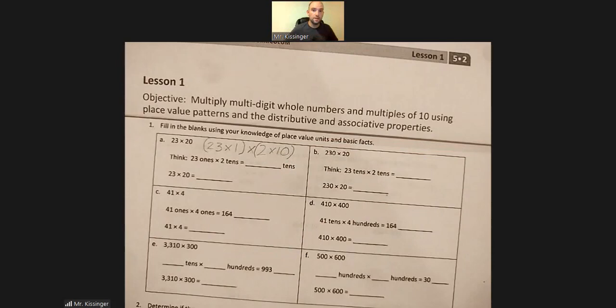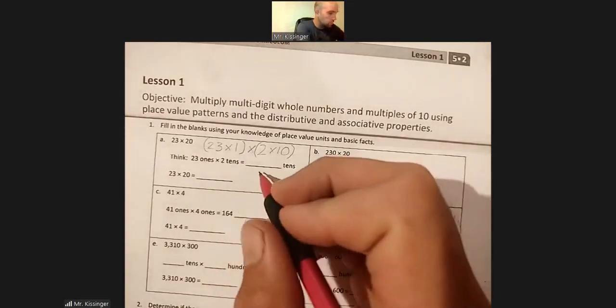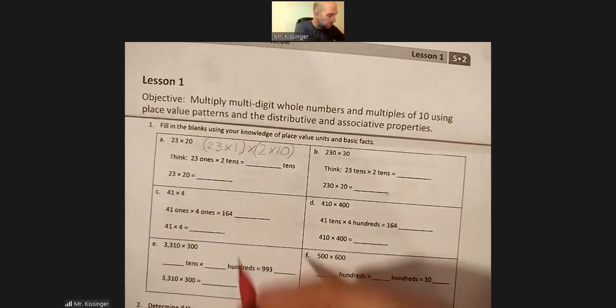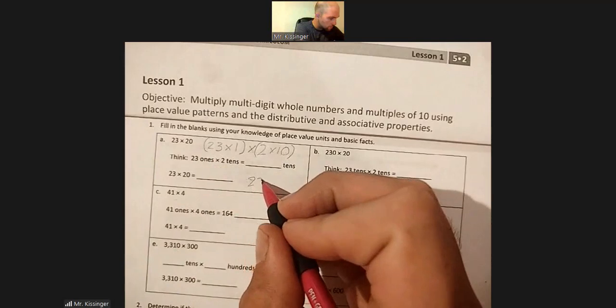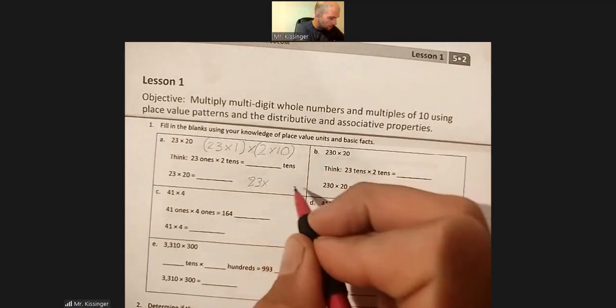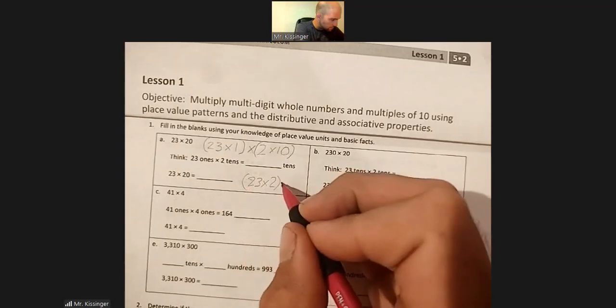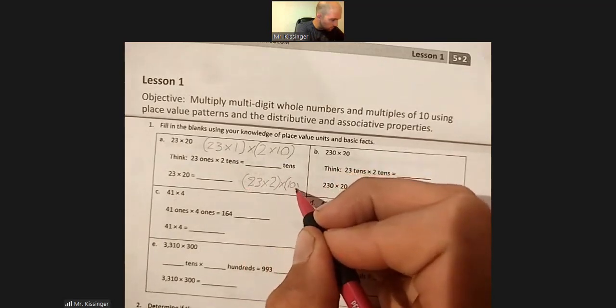Now, let's make things a little bit easier for us. We're going to move these around using the associative property of multiplication, which says it doesn't matter which order we multiply in. So we'll do 23 times 2, and then we'll do 10 times 1.